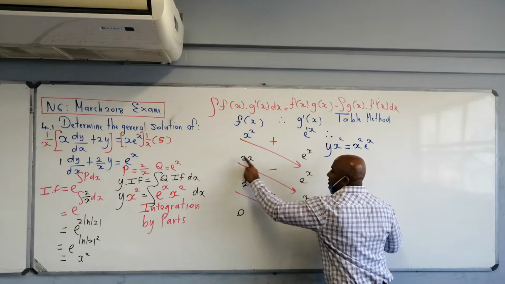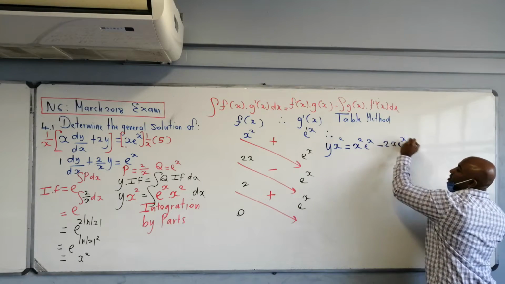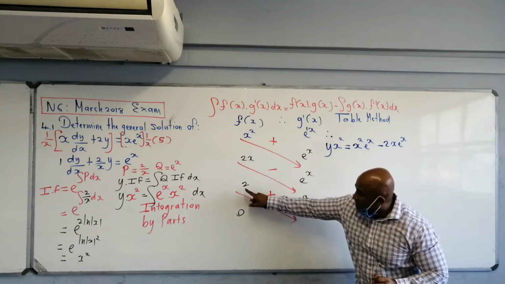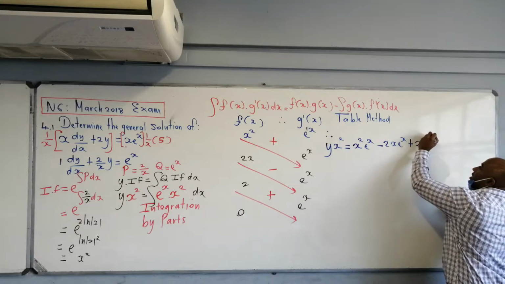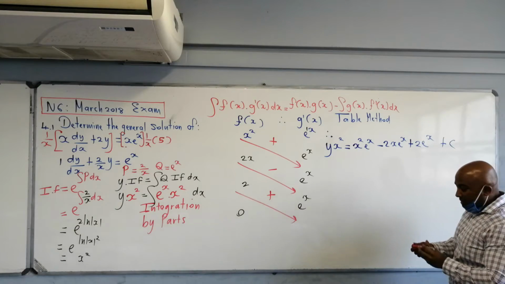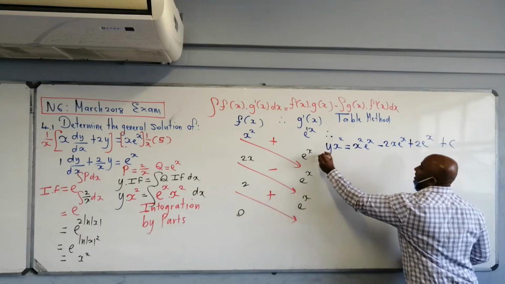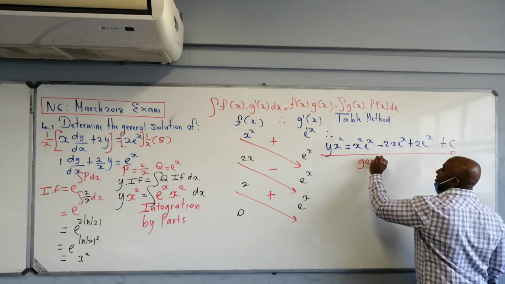Then a negative times a positive times a negative will be negative 2x e to the power x, and then a positive, positive, positive, there will be plus 2 e to the power x plus c. That is the table method. Very fast it can be done. You can see that this is the general solution.